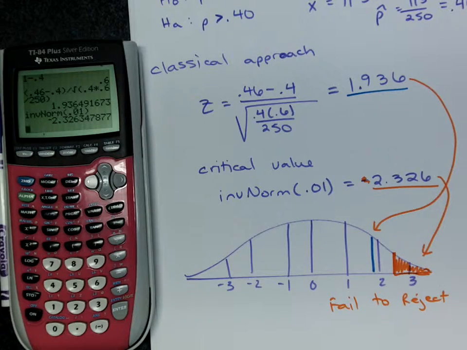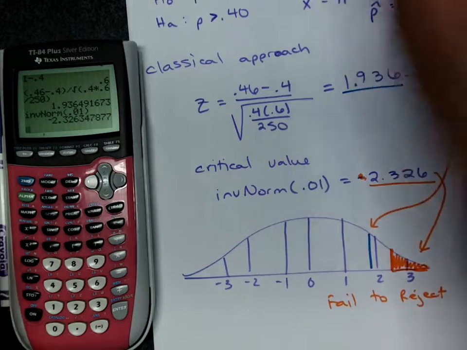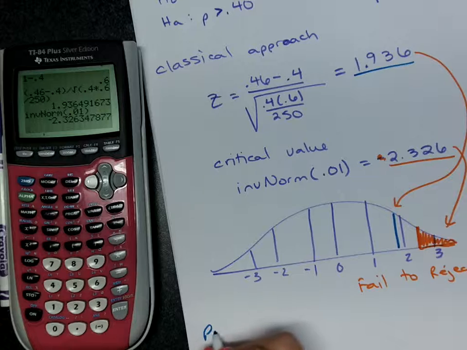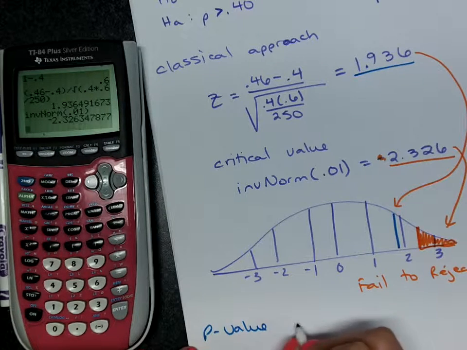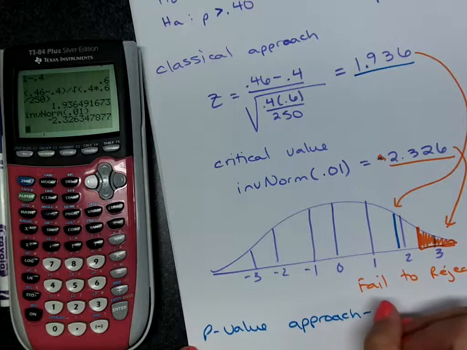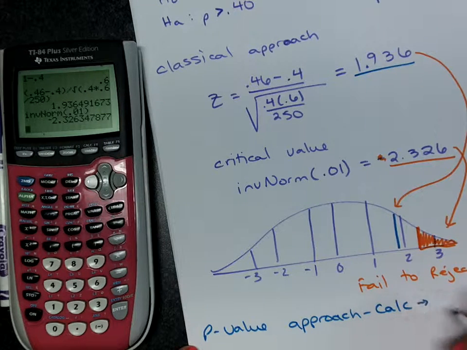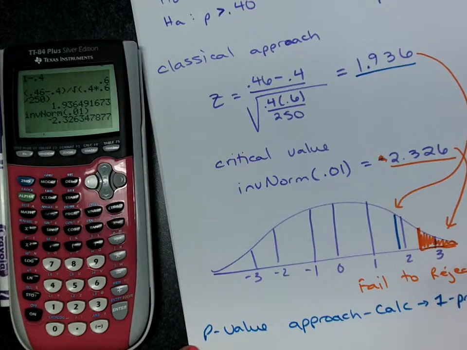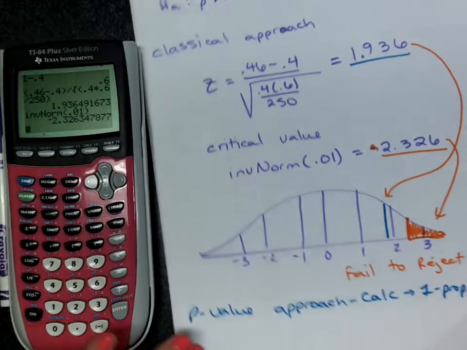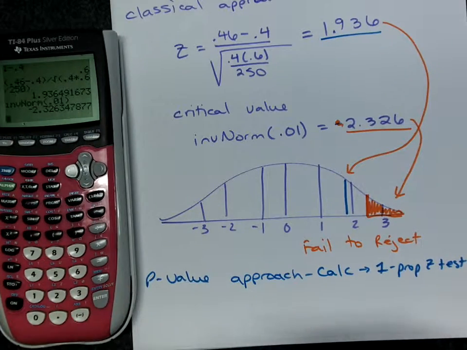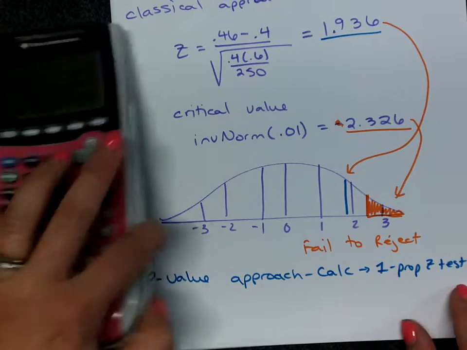Now the other way is the p-value approach. For the p-value approach, I would just let the calculator do this by going to 1 prop z test. You can find the directions for that at the end of chapter 10 in the textbook, after the assignments, where you can see how to put this in the calculator.